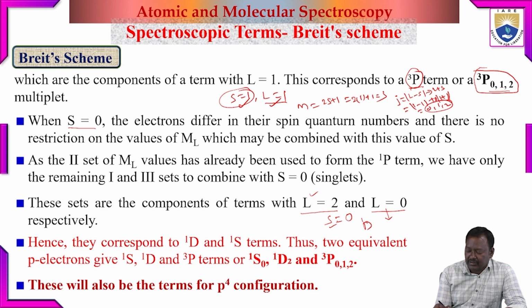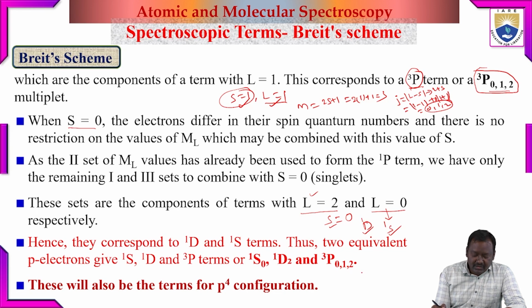And here L equal to 0 and S equal to 0 means multiplicity is 1, and L equal to 0 means 1S. So for the corresponding remaining two sets, we are obtaining the terms. One is 1D and the second one is 1S.